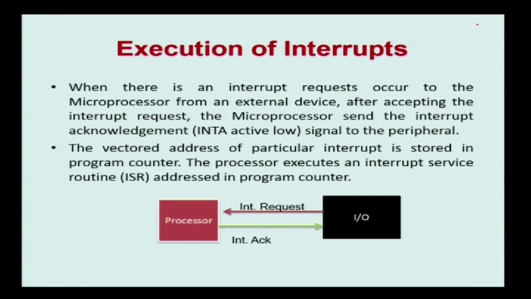This diagram shows the data transfer between the IO device and the processor. The IO device initially sends the interrupt request to the processor. The processor completes its current work, then sends the interrupt acknowledgement signal. Once the IO device gets the interrupt acknowledgement signal, it performs the interrupt process.